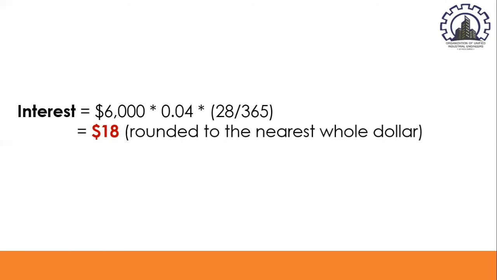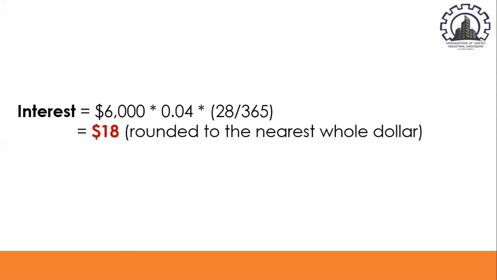Take note that interest is normally expressed as an annual rate, and therefore the 28 days must be divided by 365 days in a year. Normally, all interest calculations in this textbook are rounded to 2 decimal places. However, for simplicity of demonstrations in this chapter, we will round to the nearest whole dollar.